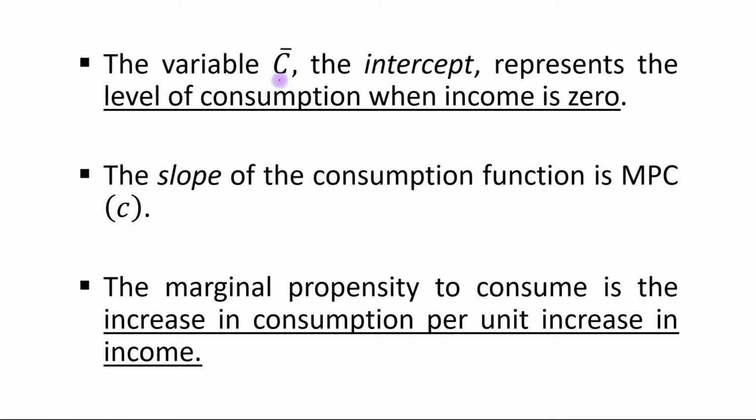The variable C bar, that is the intercept, represents the level of consumption when income is 0.